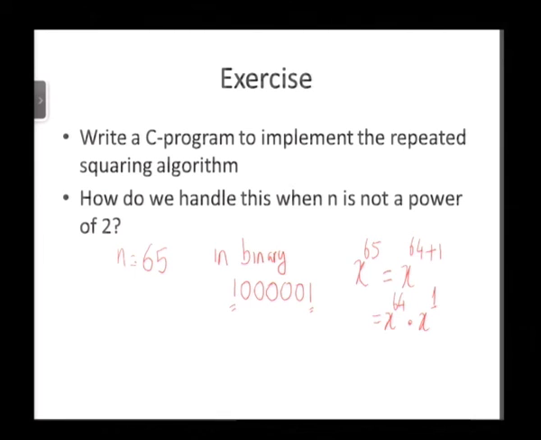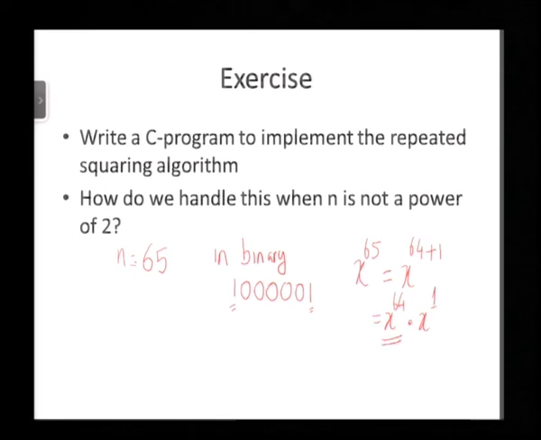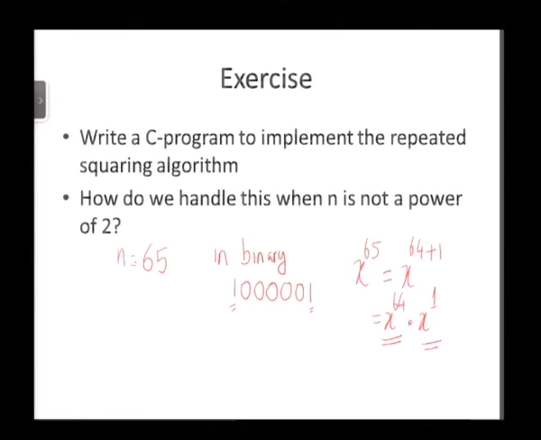And we already know how to handle the case when the exponent is a power of 2. Here also the exponent is a power of 2. Recall that 1 is 2 power 0, and we know how to handle this, and this is a hint for you to complete the algorithm when n is not a power of 2 and implement it in the C programming language.